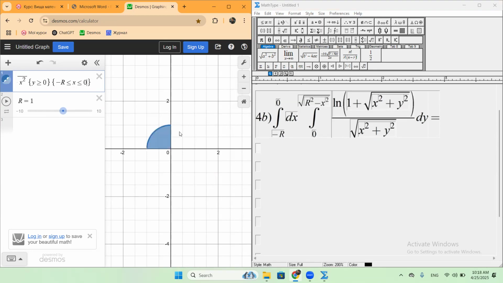So it is the second quarter. So from this plot, we can understand that phi changes from p over 2 to p, and rho changes from 0 to r.